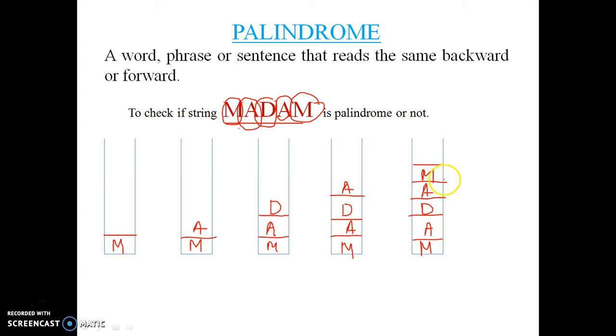Let us now move on to the pop operations on the stack. As you know, popping can be done only from the topmost element. Here M is the topmost element, so we delete M first.